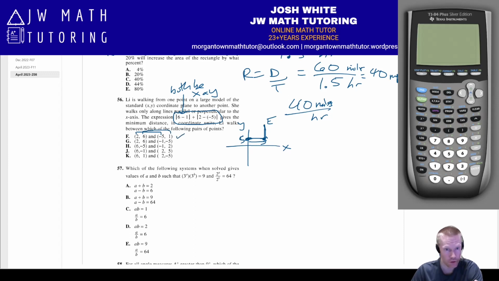Now if you look at it, H also has 2 and -5 in corresponding positions here for the y's, but in the x's, it has 6 and -1, which would give us 6 minus -1 in the parentheses, but that's not what we have. We have 6 minus +1. So the correct answer for this problem is letter F. And again, all you have to do is match up the two values inside the absolute value signs into the same corresponding positions, either both x's or both y's in the coordinate points of the answers.